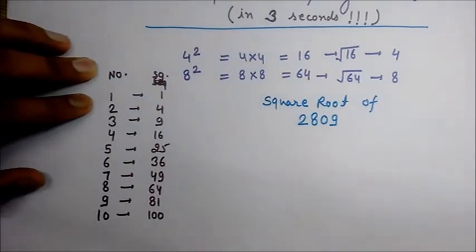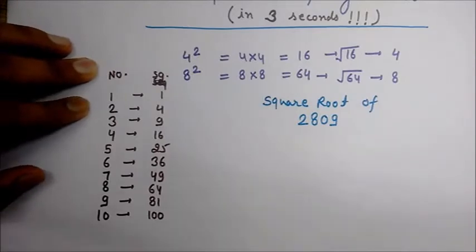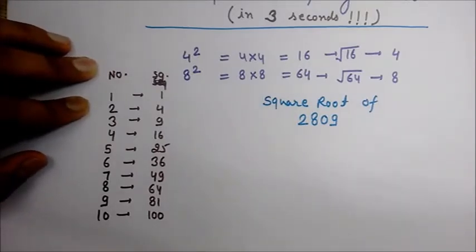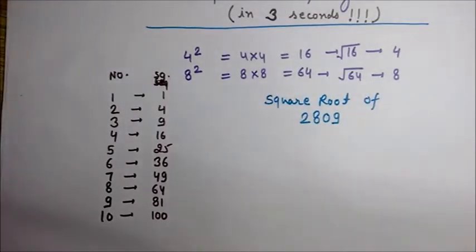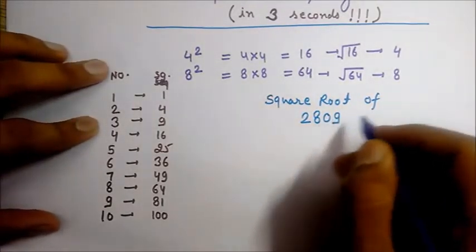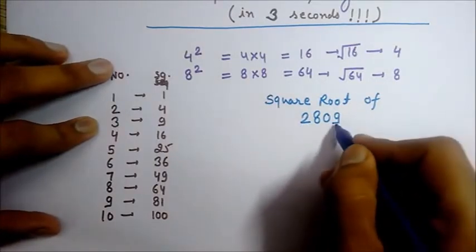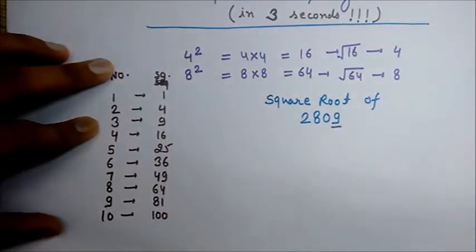As you know, it's not easy if you don't know the trick. So how to do this? First of all, you need to focus on the last digit. This is the first digit of this number and this is the last digit. So first of all, focus on this digit 9.